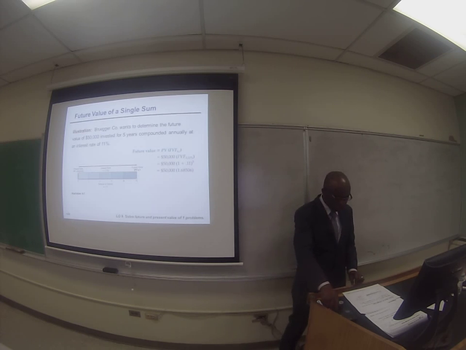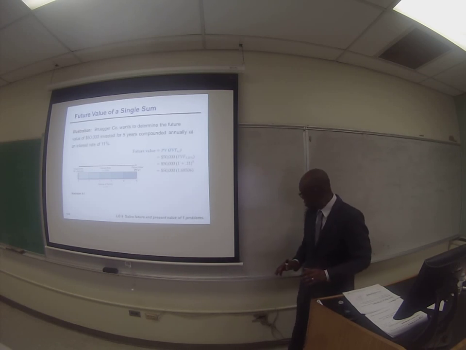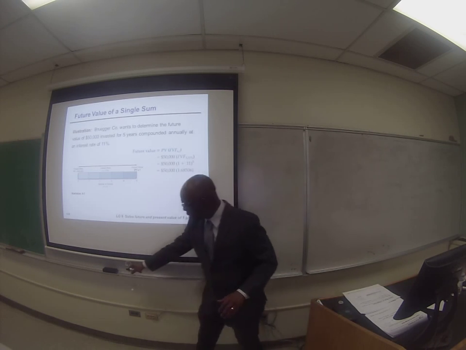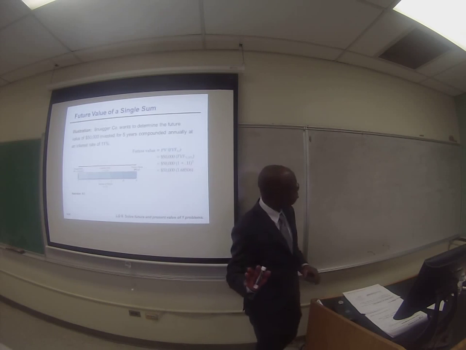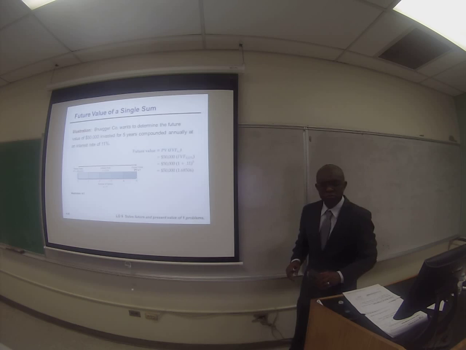All right. Now, at this point in time, let me share with you a very important formula that can be used to solve almost every present value, future value problem.